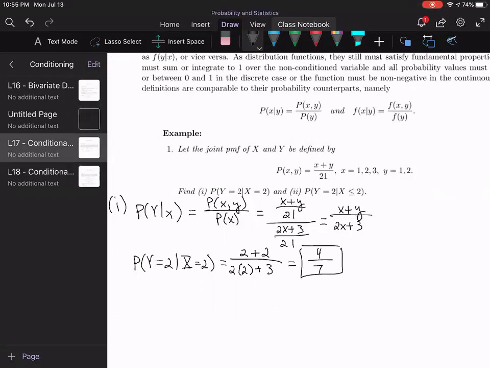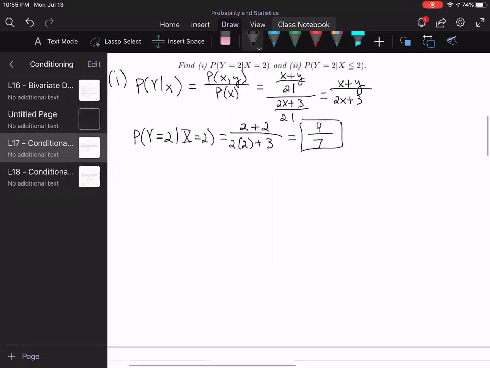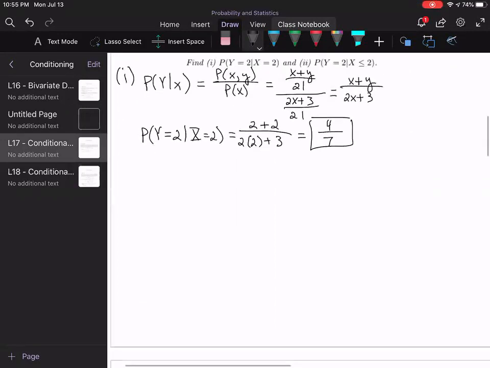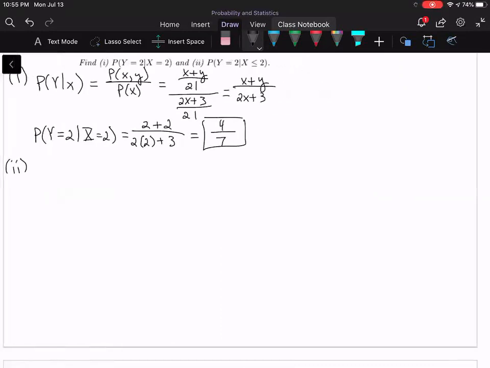So in part 2 now, we want the probability that y is 2 given that x is less than or equal to 2.